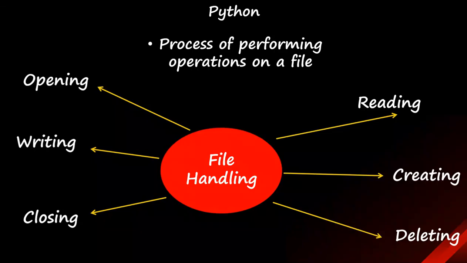So let's see one by one how we can do these processes, like opening. Opening a file means just getting the memory location and accessing that file using some function. So which function?